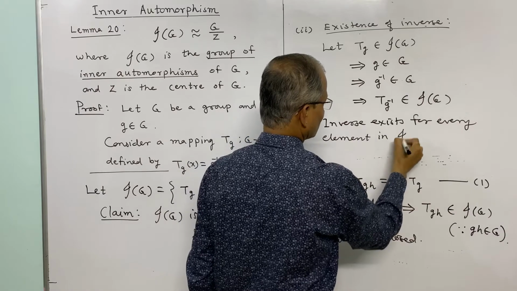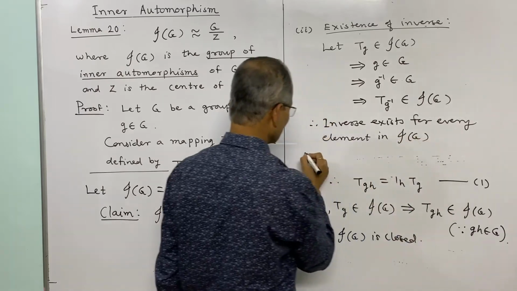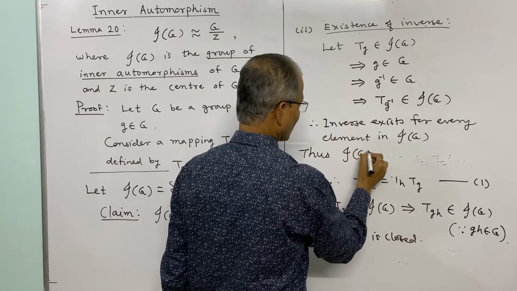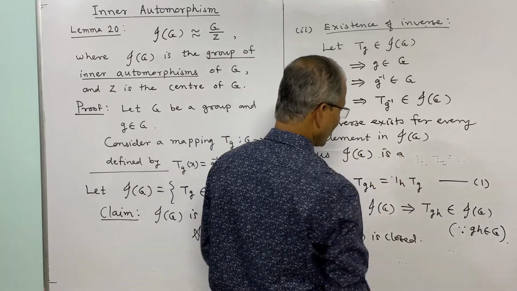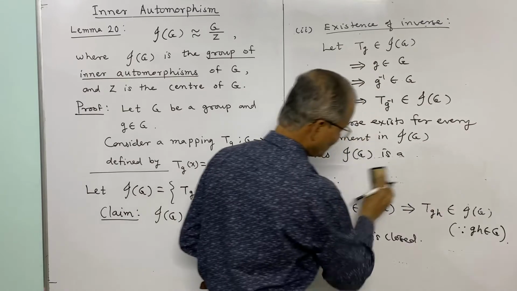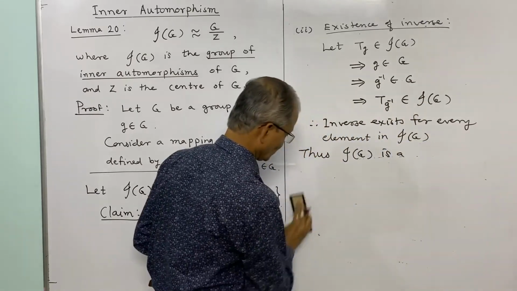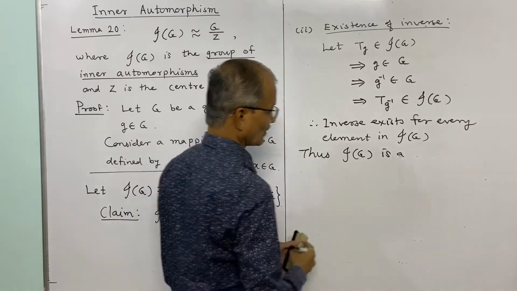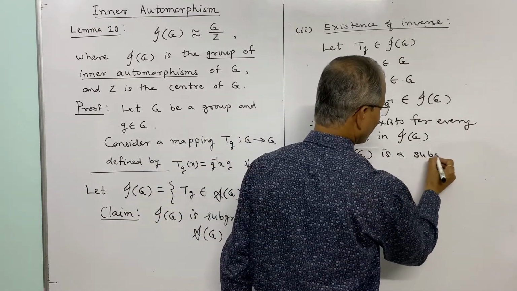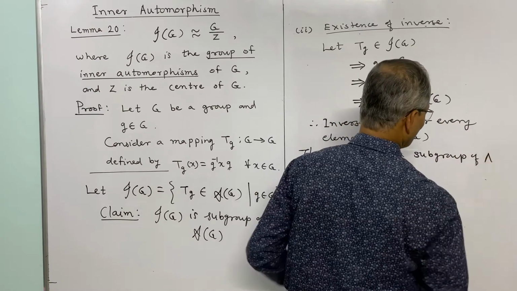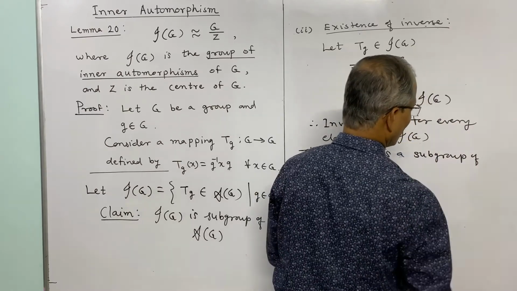In Ig, and thus this Ig is a subgroup of script Ag, the automorphisms, and therefore it is itself a group.